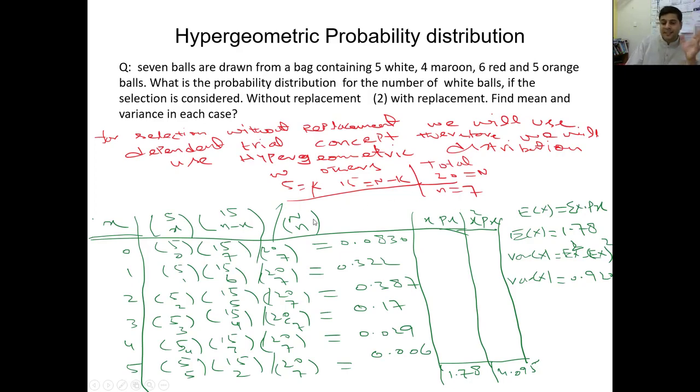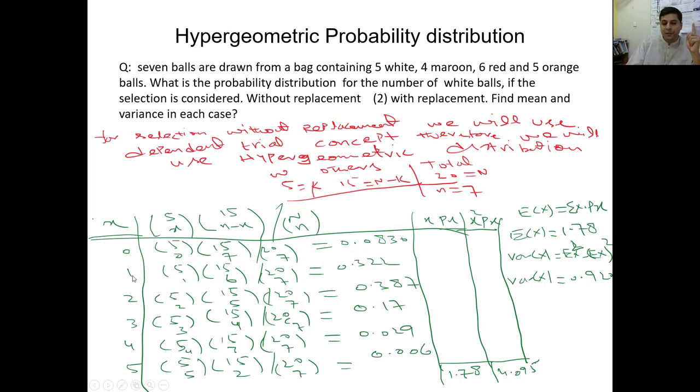But in this case, how will we calculate when x is equal to 0? 0 means there is no white ball. So we know K is 5, 5C0, 15C, N minus K is 15. Now n is 7, so 7 minus 0, divided by 20C7. So in this case, this will be the probability.